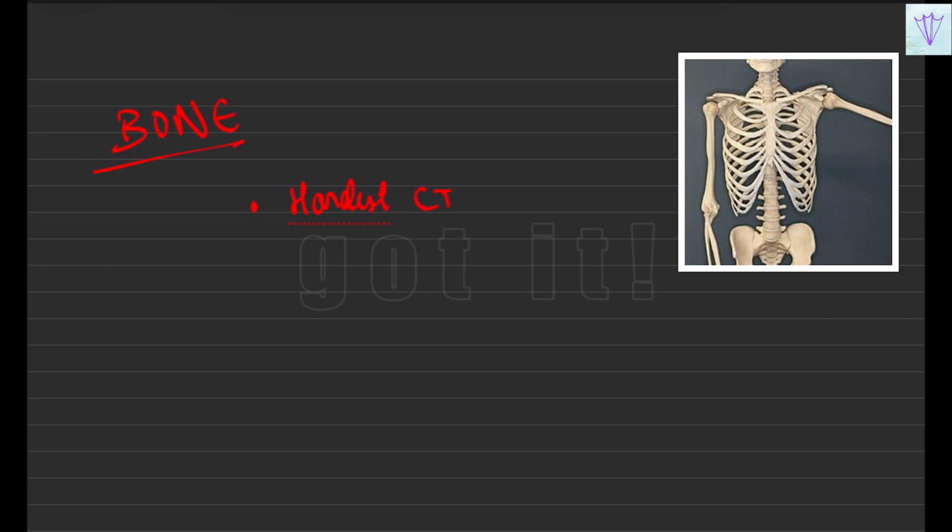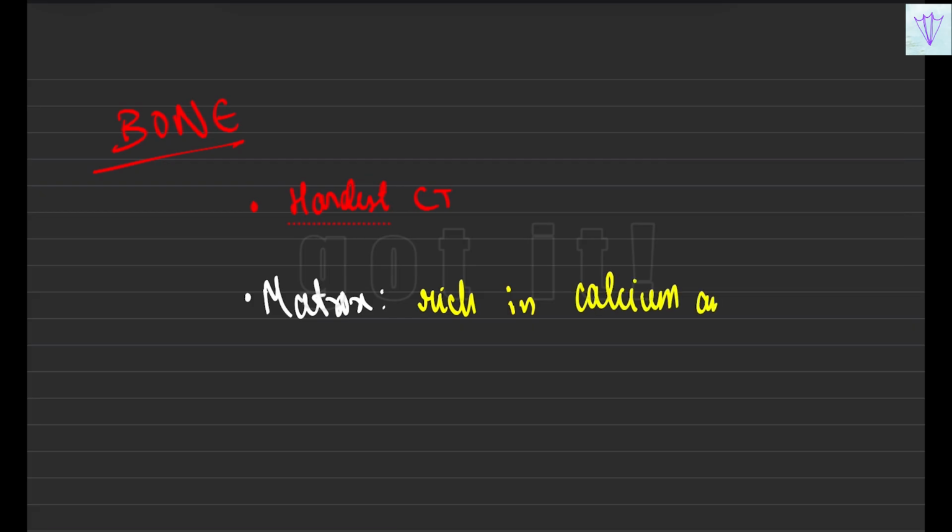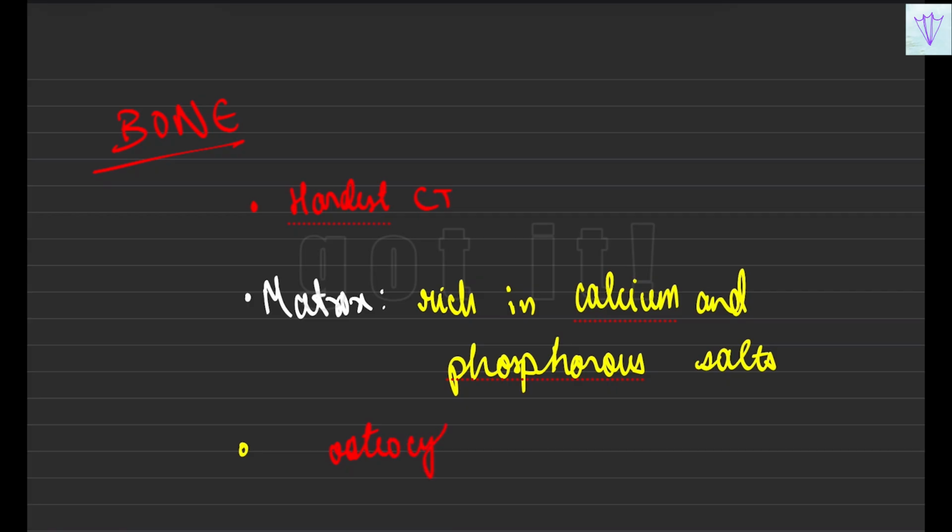And the matrix of this is rich in calcium and phosphorus salts, and its cells are called osteocytes.